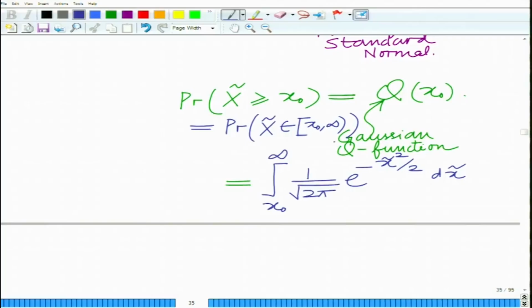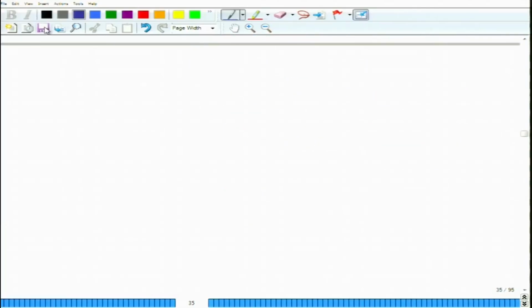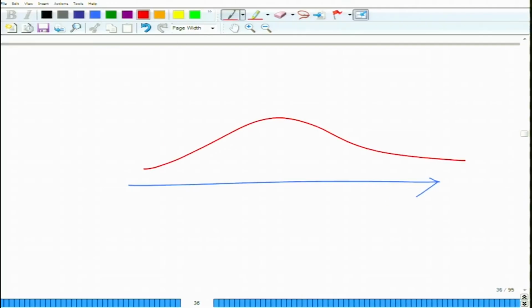Okay. And what it denotes, as I have already told you, is the probability that this Gaussian random variable with mean 0 and variance equal to 1 is greater than this quantity x naught, or the area under the PDF greater than or equal to x naught.